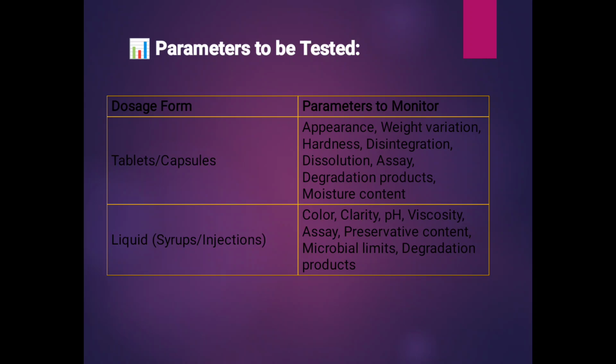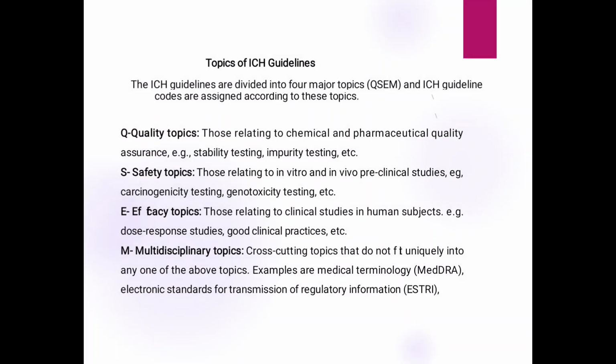For liquid syrup: color, clarity, pH, viscosity, microbial limit, and degradation products. The ICH guidelines are divided into Q, quality topics; S, safety topics; E, efficacy topics; and M, multidisciplinary topics. Quality topics are related to chemical and pharmaceutical quality assurance, stability testing, and impurity testing. Then safety, efficacy, and multidisciplinary.